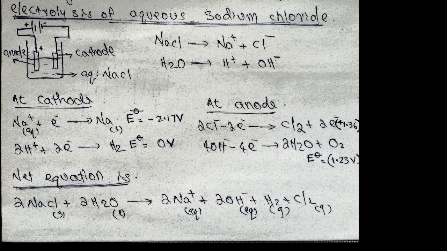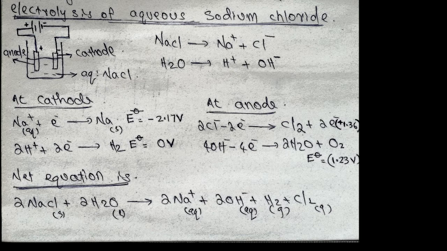anode. Okay, so here we discussed there are two anions. Which are the two anions? Cl minus and OH minus are anions, and there are two possible oxidation reactions at anode. The one with the lower value will be oxidized at anode. Here OH minus changes to water and oxygen, its E0 value is lower and there is more chance for OH minus to oxidize.